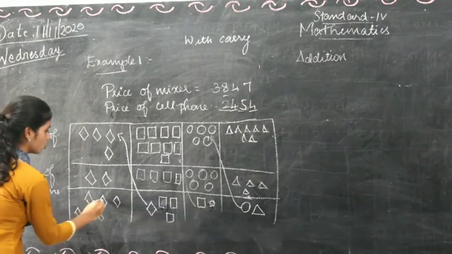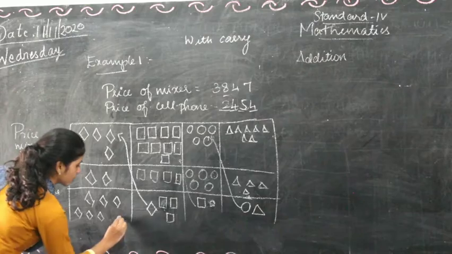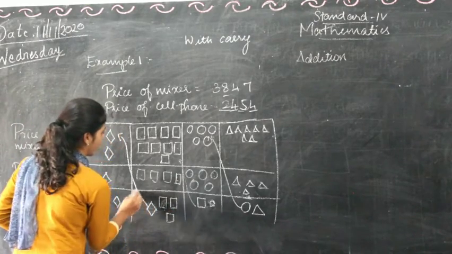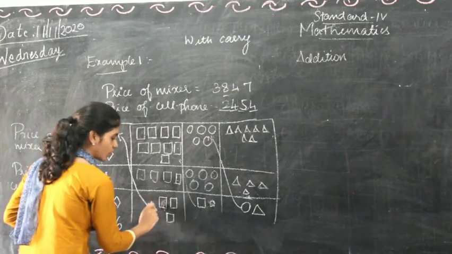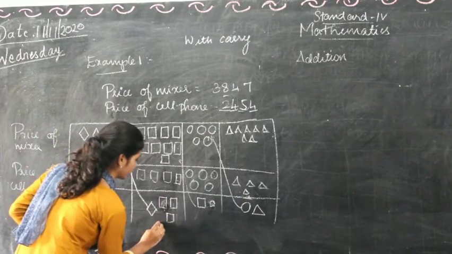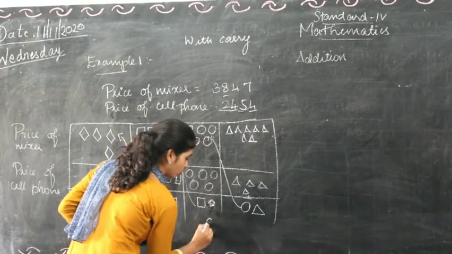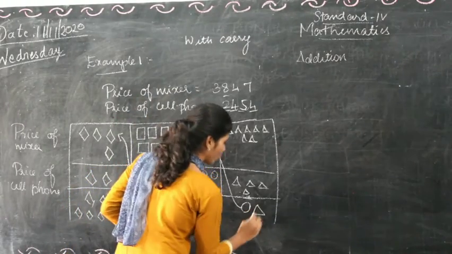So 1, 2, 3, 4, 5, 6. This goes up there, so we don't have to count this. 1, 2 and 3. Here we have only 0 and here we have 1.